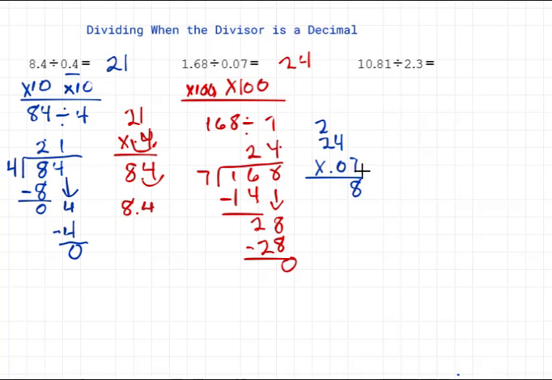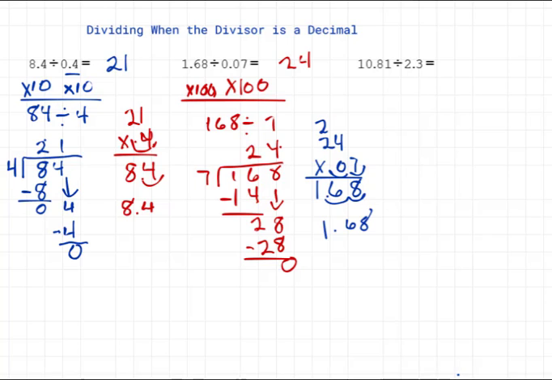Carry the 2. 7 times 2 is 14 plus 2 is 16. I won't stop here and say my answer is 168, because I do have the decimal in the multiplier. So I'm going to move 2 places, and I come out with 1 and 68 hundredths, which is what I started with, which is my dividend.